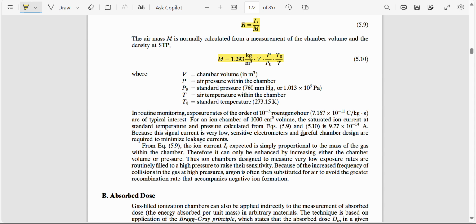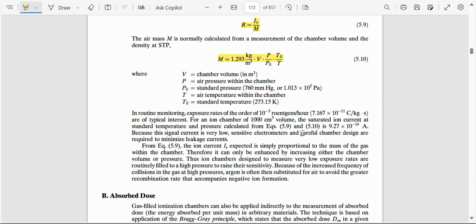Remaining is T naught divided by T. The temperature I provided you in Celsius, you have to convert it to Kelvins because your T naught, the standard temperature, is also in Kelvins, which is 273.15 Kelvins, divided by your temperature, which I mentioned, 23 Celsius.